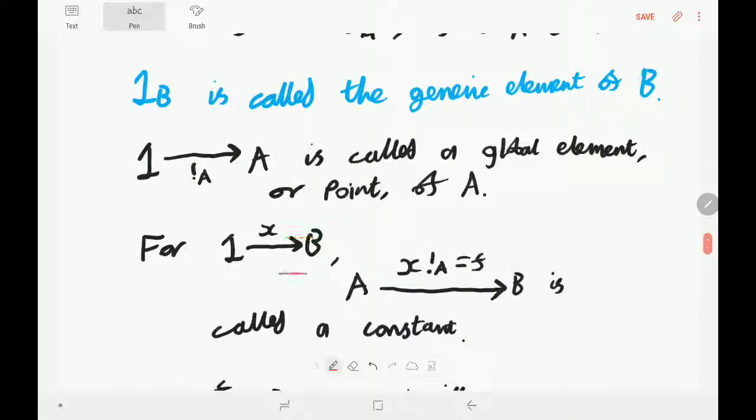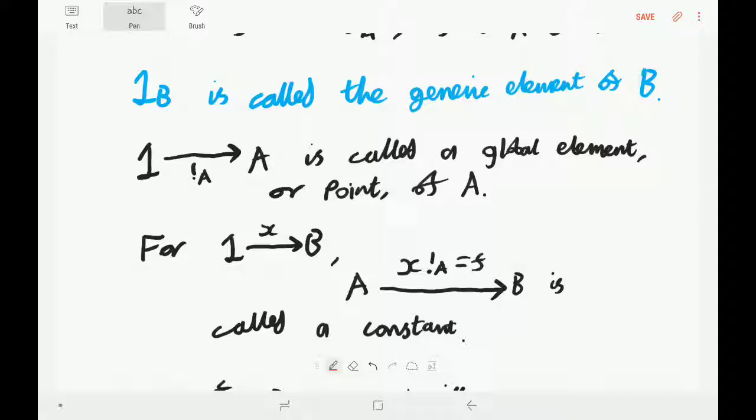Another little bit of terminology. When we have an arrow x from the terminal object to B, we might write x after exclamation mark A as a sort of constant, okay?